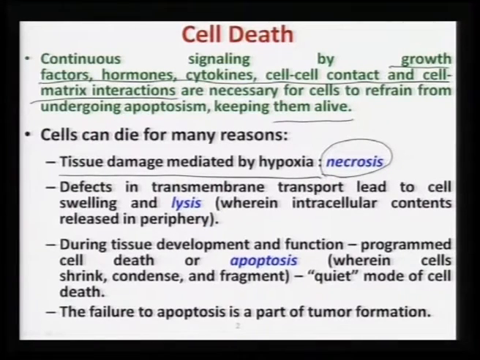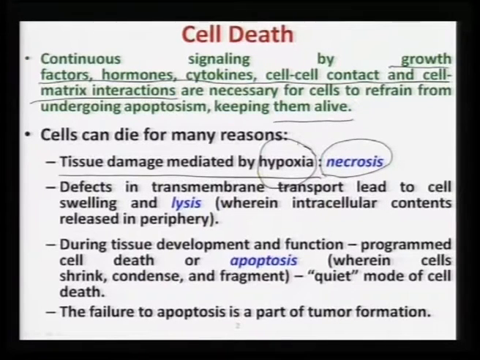What is hypoxia? I have told you earlier, hypoxia is the lack of oxygen supply to particular cells, or that particular tissue has the inability to use the supplied oxygen for its own survival. So, in either of these cases, hypoxia actually leads to the necrosis stage.